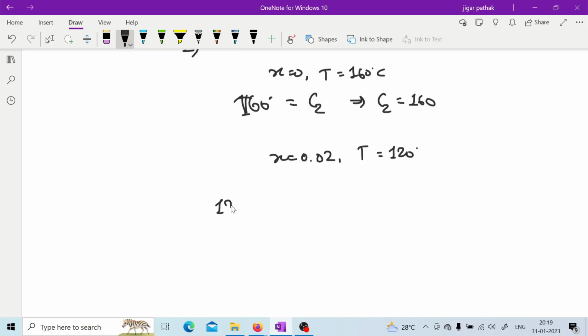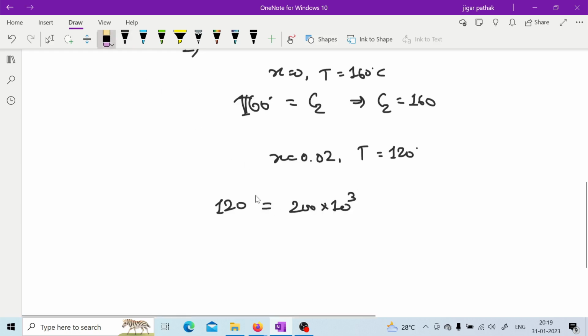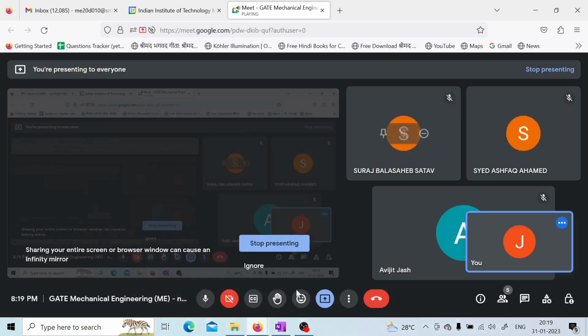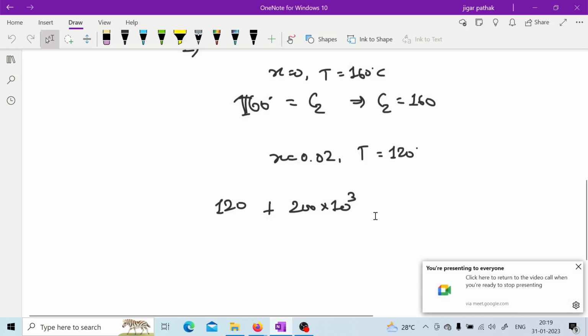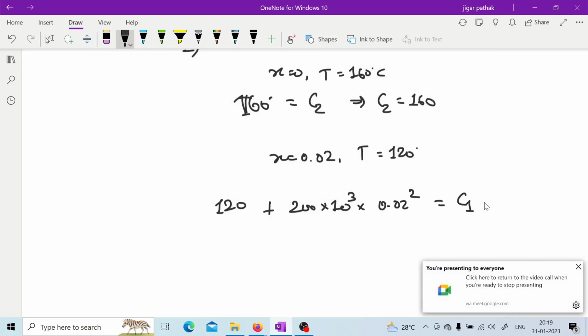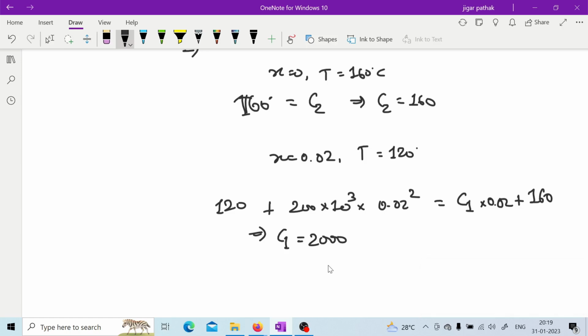So if you put that, here actually it was plus, sorry, 120 plus 200 into 10 raised to 3 into 0.02 square is equal to c1 into x, that is 0.02, plus c2, 160 we have calculated. So if you find c1, then it is 2000. Yes or no?